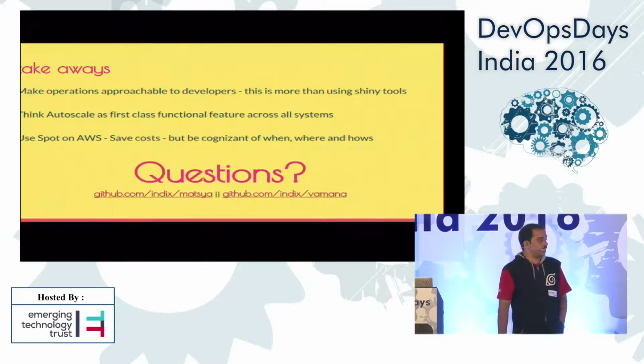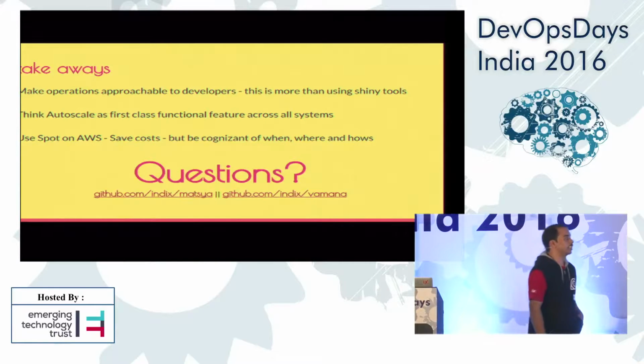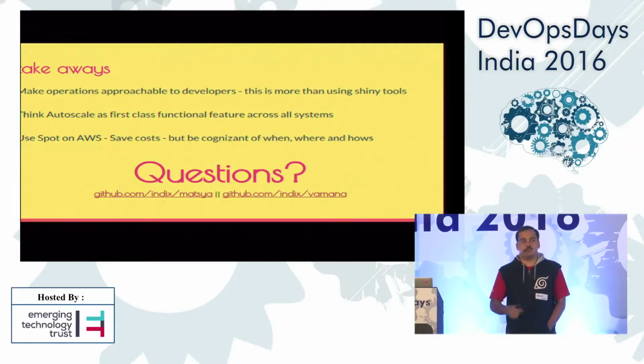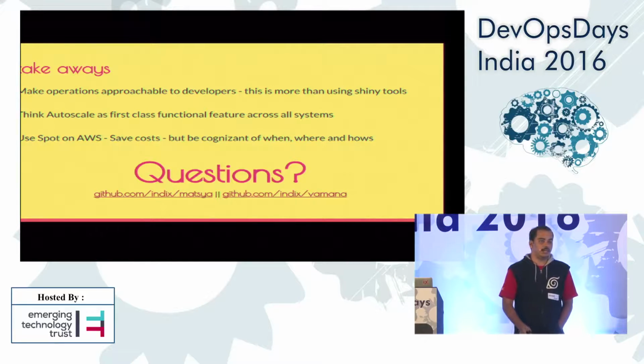Okay, so the key takeaways are, first one, make operations approachable to developers. Most of these tools were made possible because developers took charge of the operations and realized, you know what, this is something we need to solve. Earlier, the approach we were trying was, is there any service provider who can solve this for us?